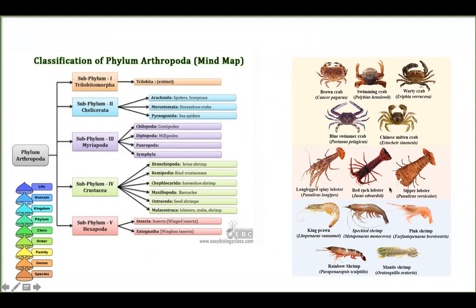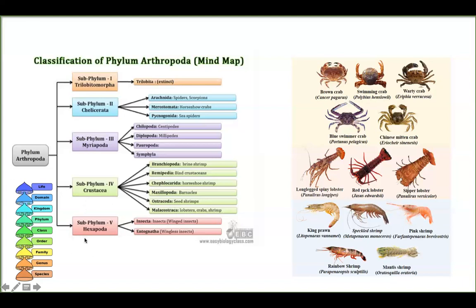Crustacea means crab, lobster, shrimp, etc. Then Maxillopoda, which includes barnacles, and Ostracoda, which includes seed shrimp, and Malacostraca, which includes lobster, crab, and shrimp. So you need to remember the important examples: Branchiopoda, brine shrimp; Cephalocarida, horseshoe shrimp; and Malacostraca, lobster, crab, and shrimp.